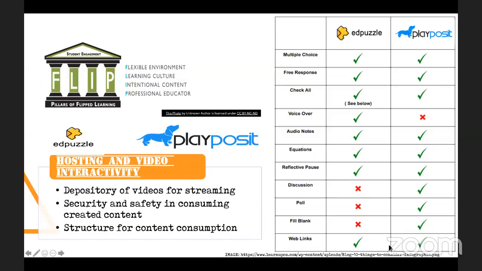Why I recommend Edpuzzle for the lower levels: given the functionalities that it has, it's definitely addressing the skills that we need to build for the younger levels. But PlayPosit can address a lot of higher order thinking skills, which would be necessary for senior high school, or even the higher levels of junior high school, or even college for that matter.